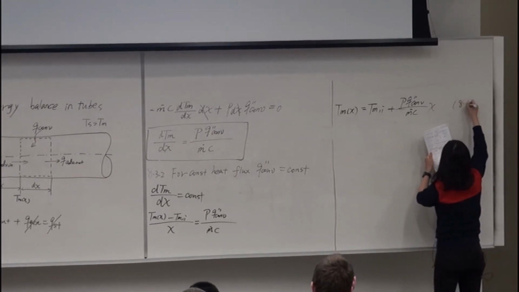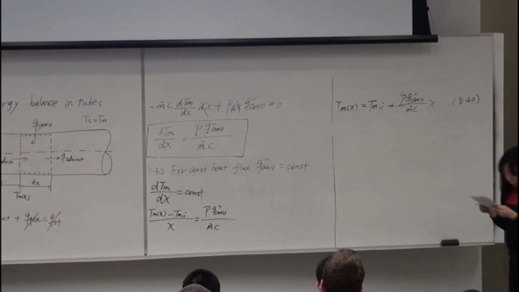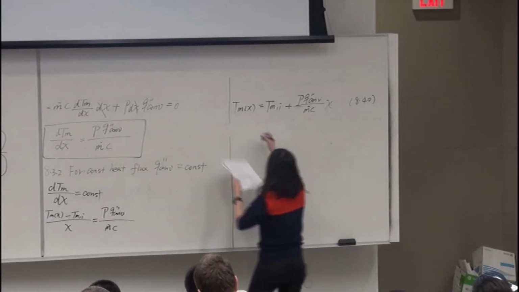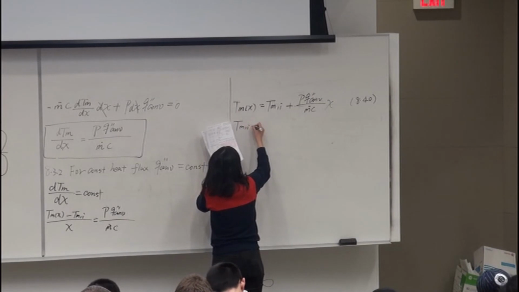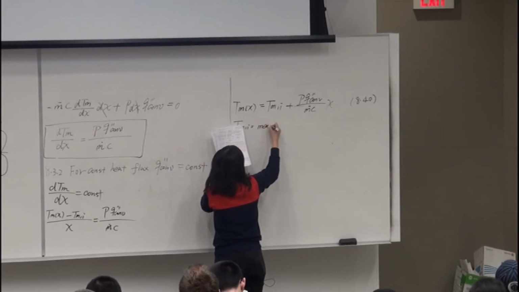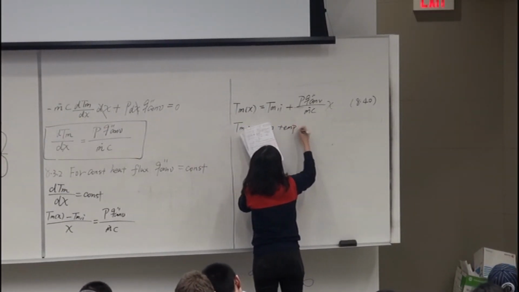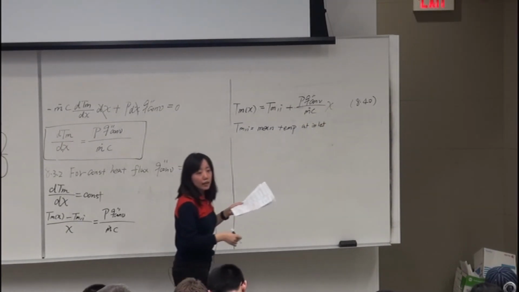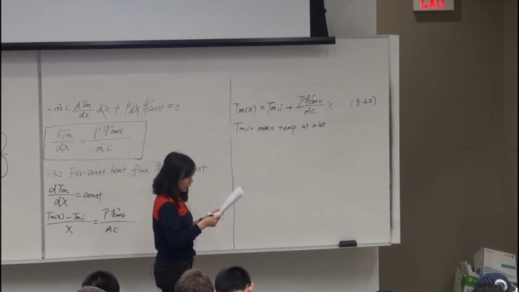This is equation 8.40 in our textbook. And T_m,i is the mean temperature at the inlet. We will have T_m,o later, that's the mean temperature at the outlet.